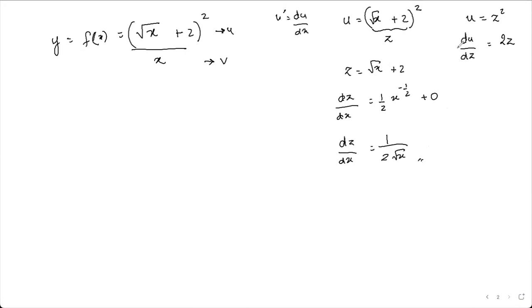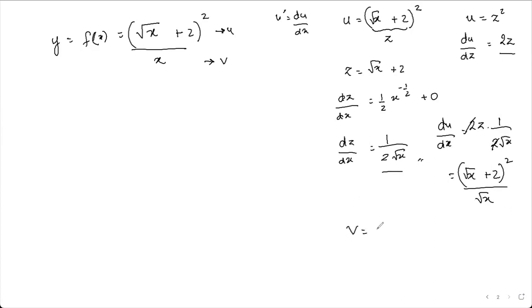So I have du/dz and I have dz/dx. So du/dx would be the product of these two functions: 2 times z multiplied with 1 over 2 root x. 2 and 2 cancel out. So we have z over root x. z is root x plus 2, and root x. So this is du/dx.